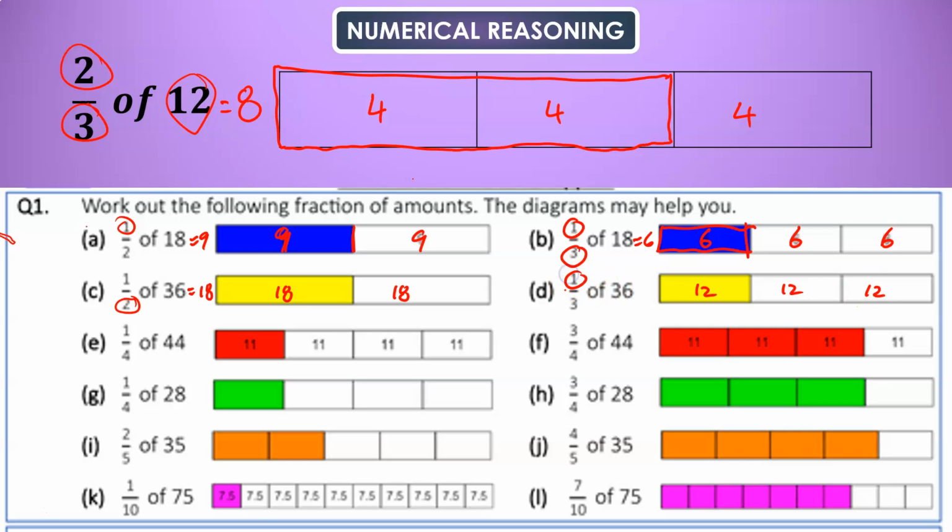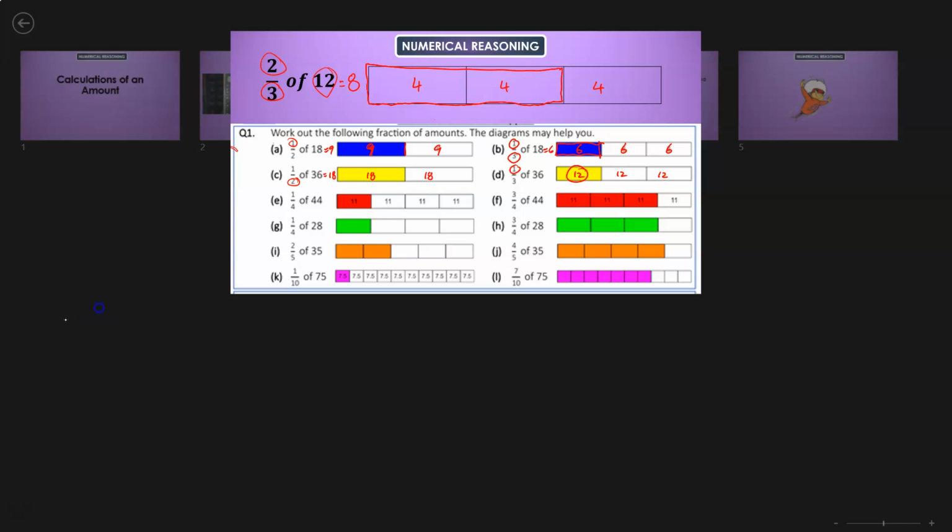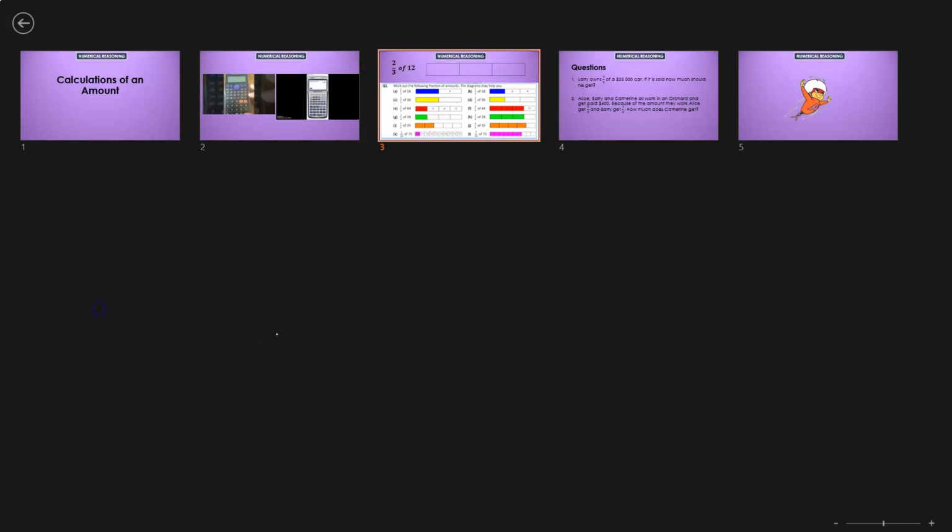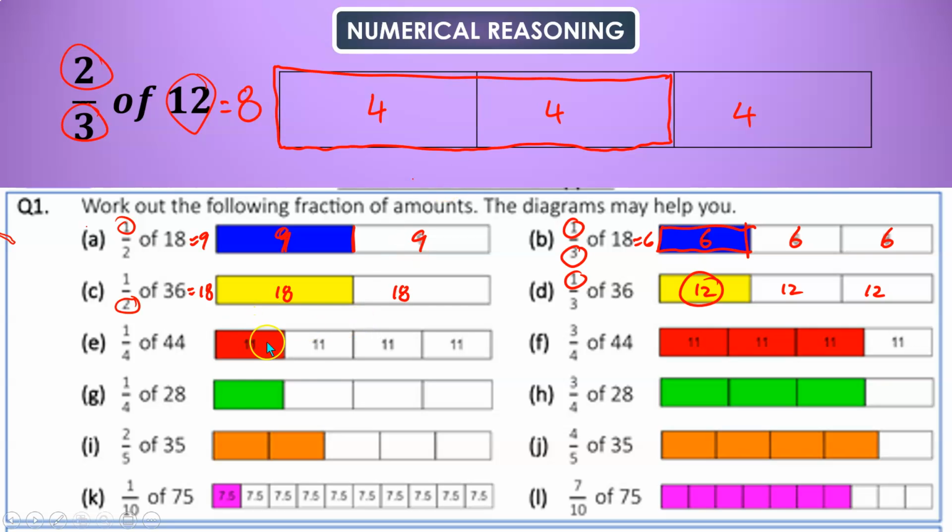So 1/3 of 36 is 12. Then looking at E, 44 divided into 4 is 11 in each section. 1/4 is 11.